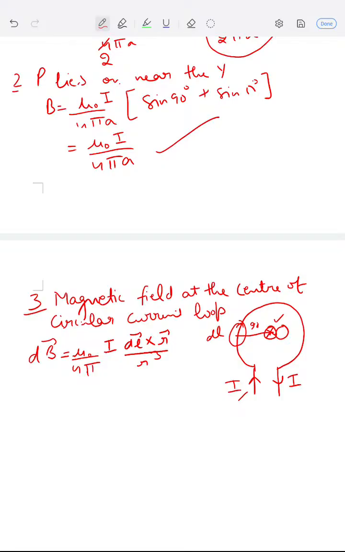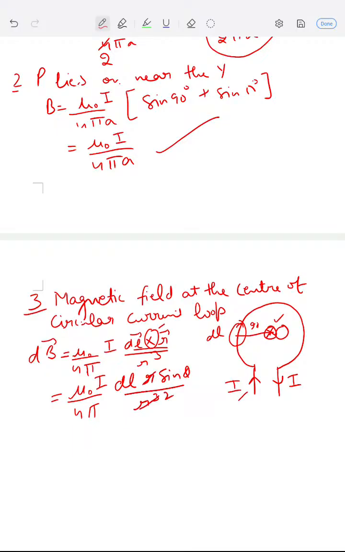What is dl cross r? It is dl r sine theta. Due to the cross product, we have a sine theta. So this is mu 0 upon 4 pi, I dl r sine theta upon r cube.